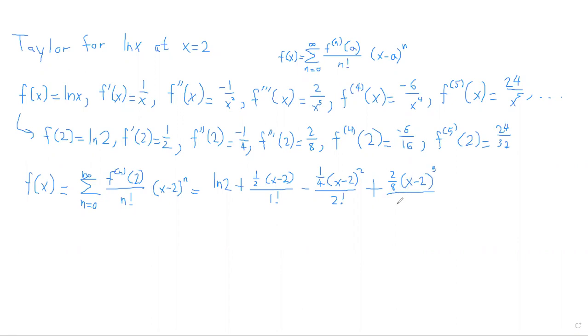Minus 6 over 16 times x minus 2 to the 4th over 4 factorial.